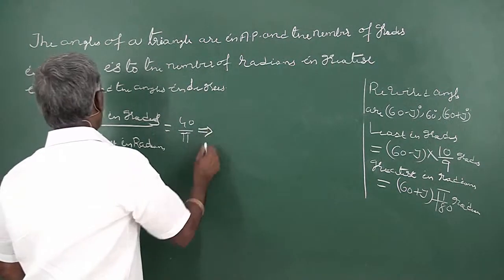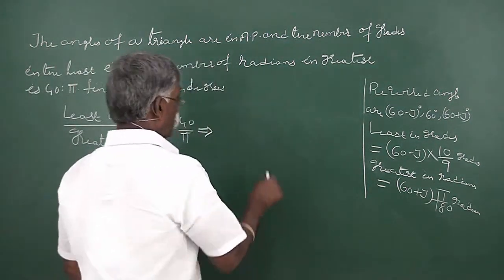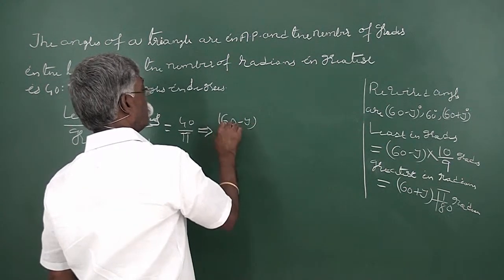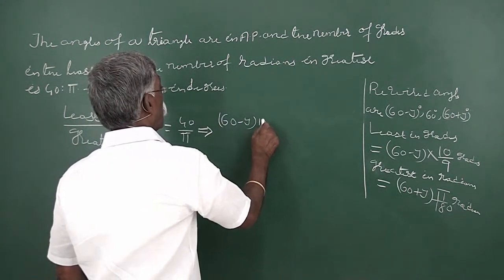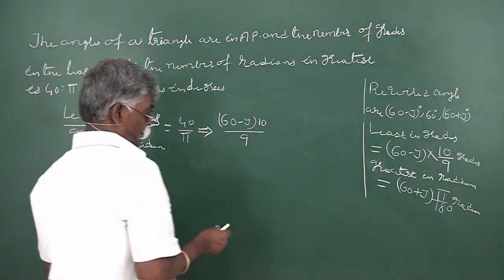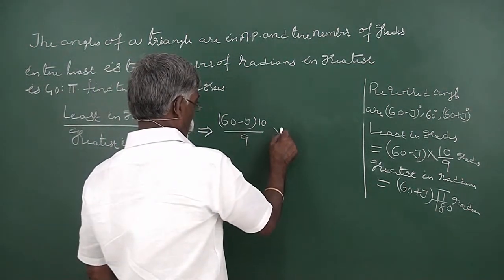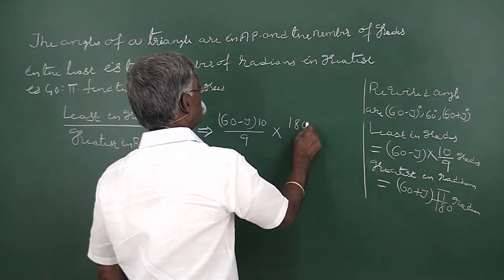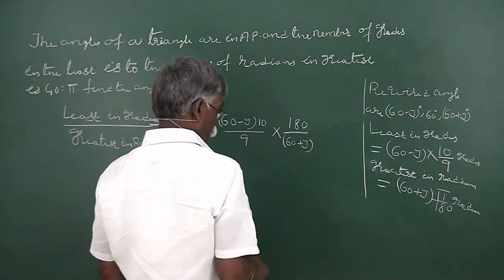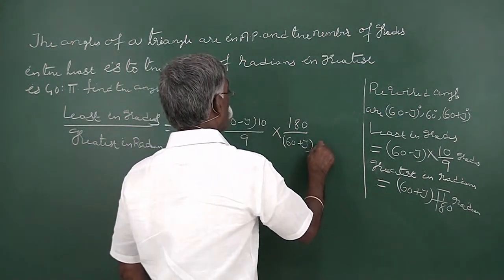So this implies the least angle is 60 minus y into 10 by 9, divided by, it means into 180 by 60 plus y into pi.